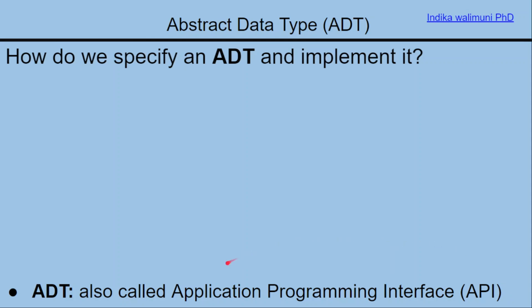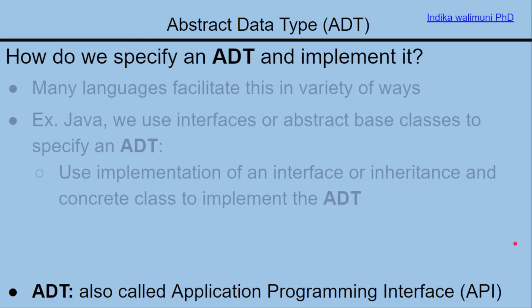So when we say we write an API, that actually means we are writing an ADT. Usually in JavaScript on the client side, and on the backend side there are a variety of languages, including C++, Java, PHP, and also JavaScript too.